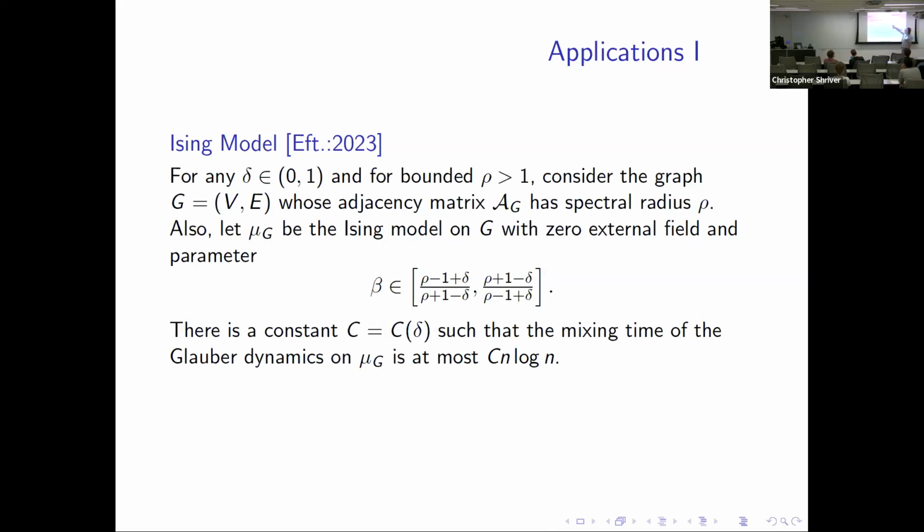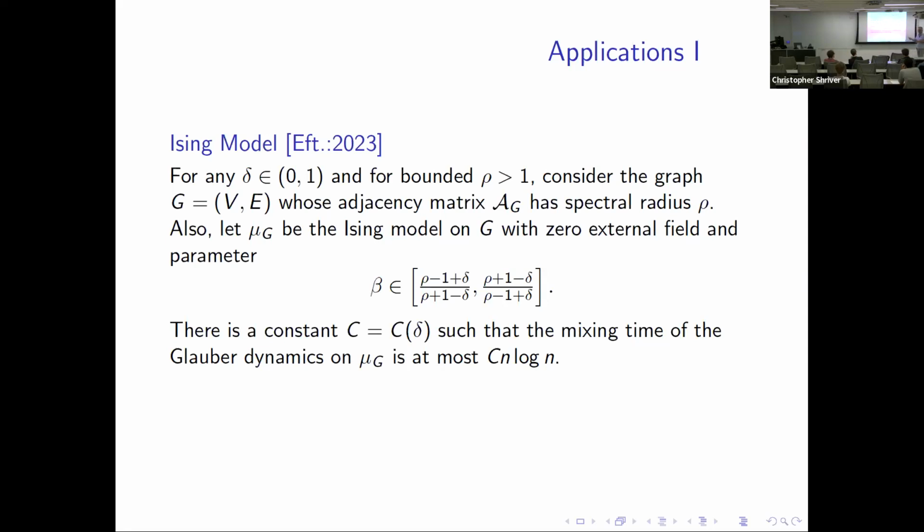So we have some graph G whose adjacency matrix has spectral radius R for some R bigger than 1. I have mu_G, the Ising model on G, which is in this region here. This region corresponds to the Gibbs uniqueness of the R-ary tree.